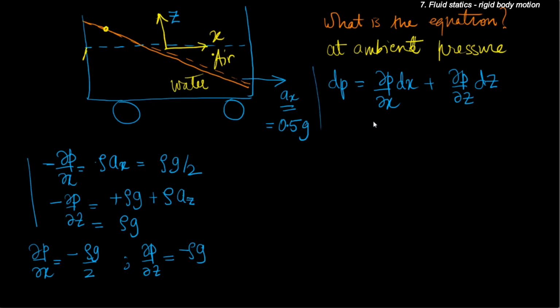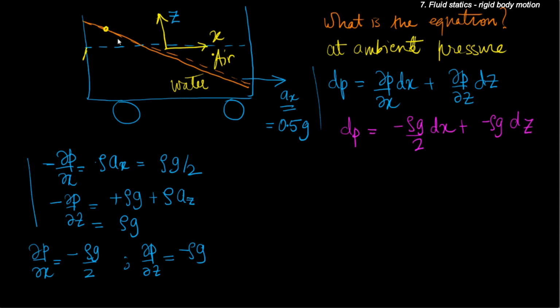Consequently, we can then write dp as minus rho g upon 2 dx plus minus rho g times dz.